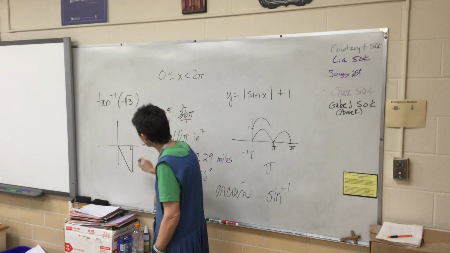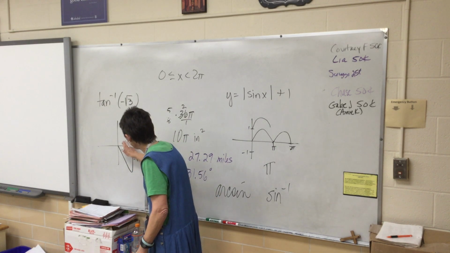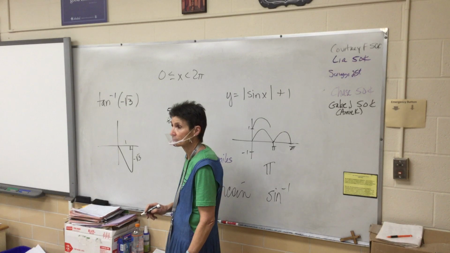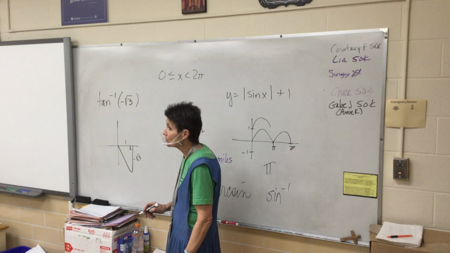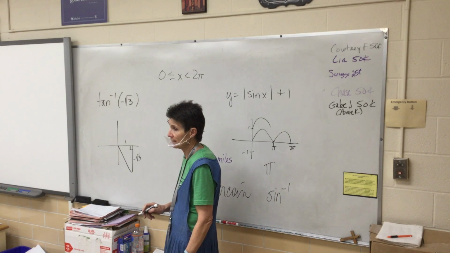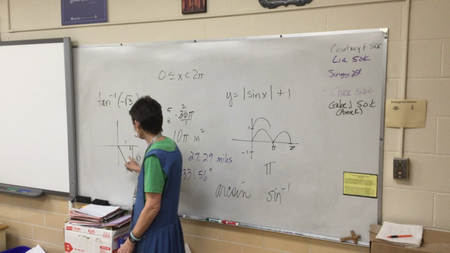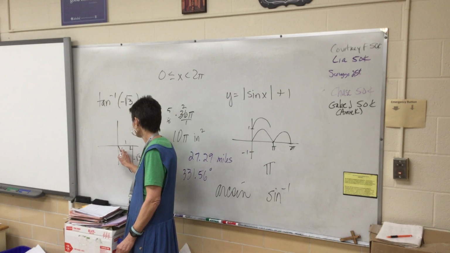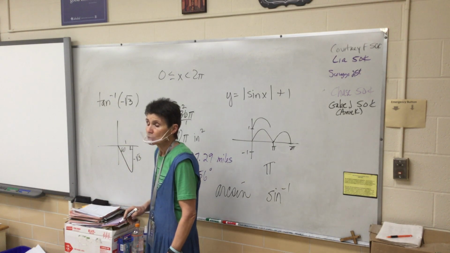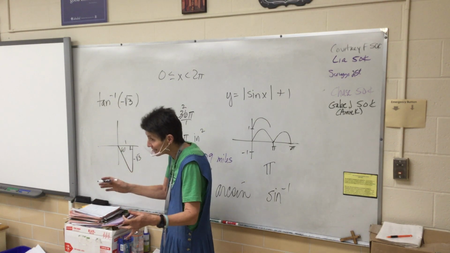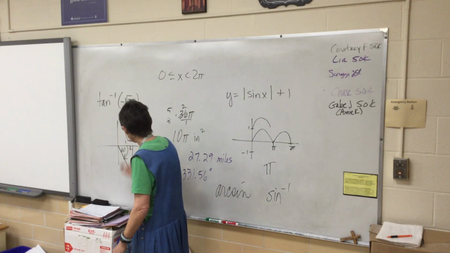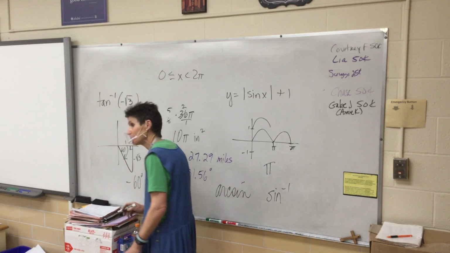Okay, so I know the tangent is negative √3 over 1. So if we're doing this without a calculator, that better be special. Well, it is. What angle is across from the √3? 60. So if I were answering in degrees, I would say negative 60 degrees.